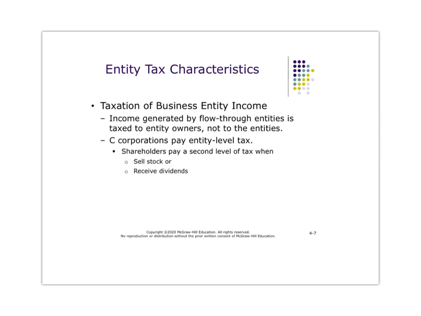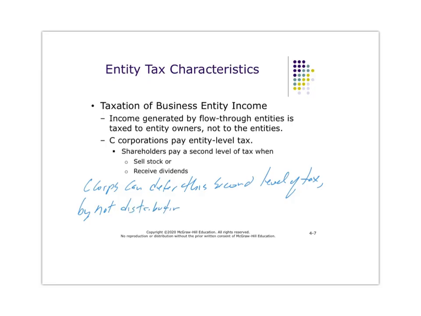Now, C corporations can defer that second level of tax by not distributing earnings, right?